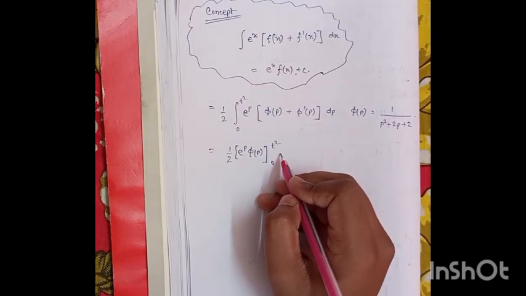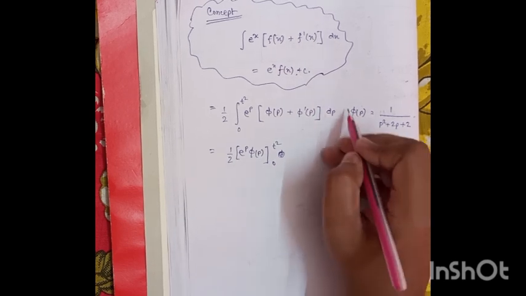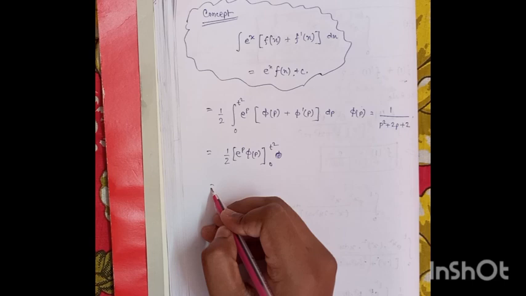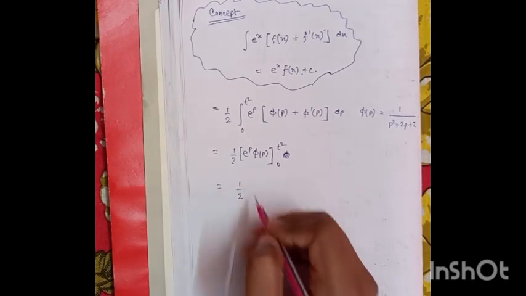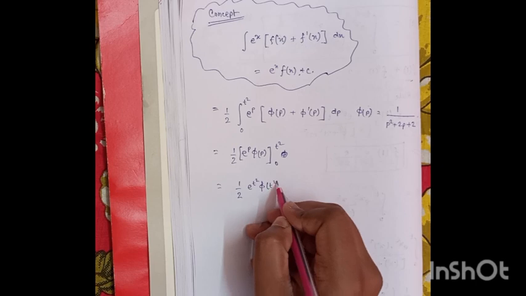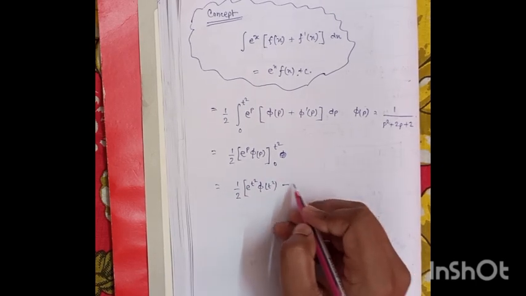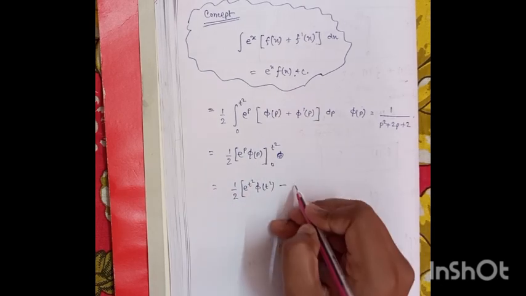And phi p is this, so it will be half of e to the power t square phi of t square minus e to the power 0 is 1, so phi of 0.